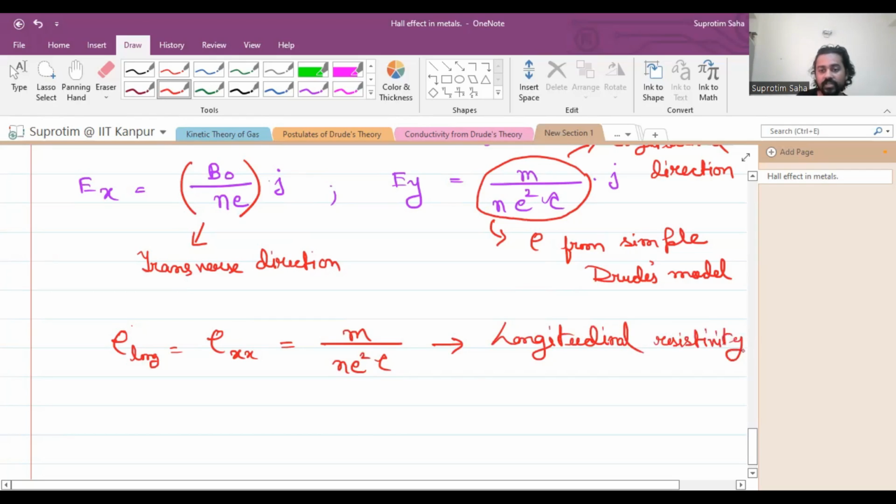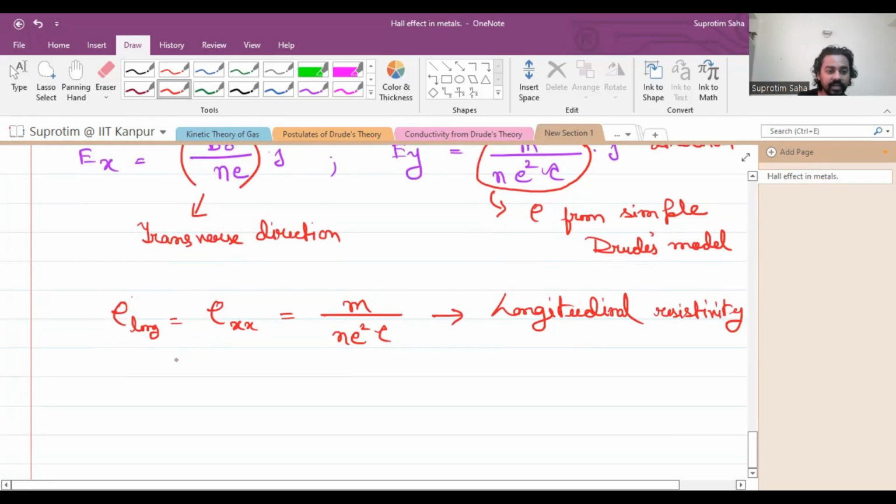In addition to that, you're also getting a transverse resistivity. This is rho xy, which is B naught by n e.